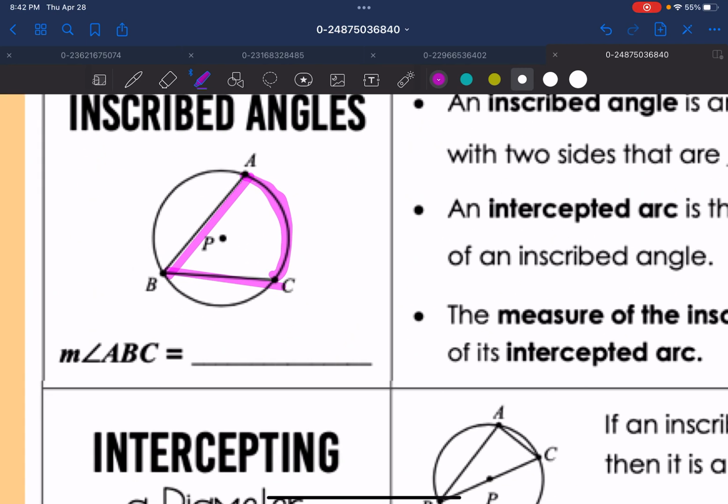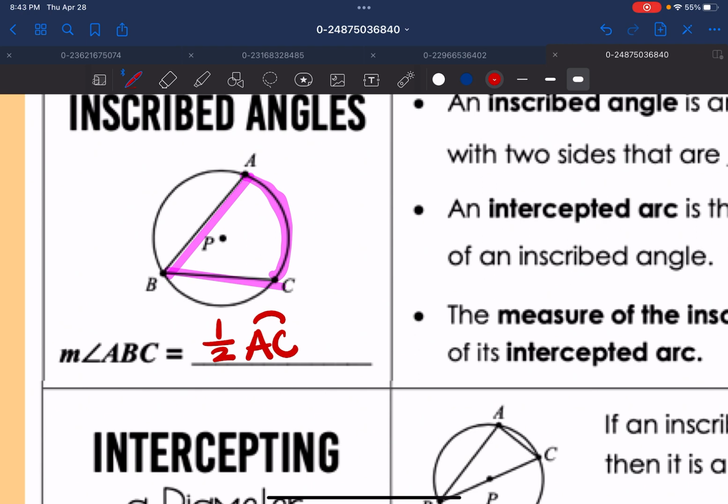Now this one's different. It's not like a central angle. They don't have the same relationship because we scooted the vertex, so we pulled that angle back further, and so it has to open up a little bit more to create that arc. So what we're going to do is take the arc and cut it in half. So, for instance, if we know arc AC is 100, then angle ABC has to be 50.